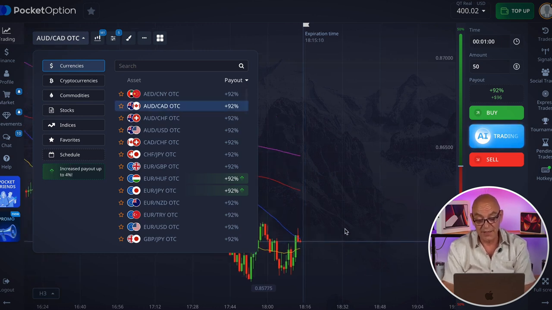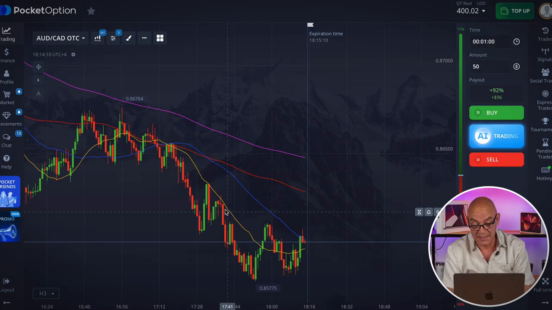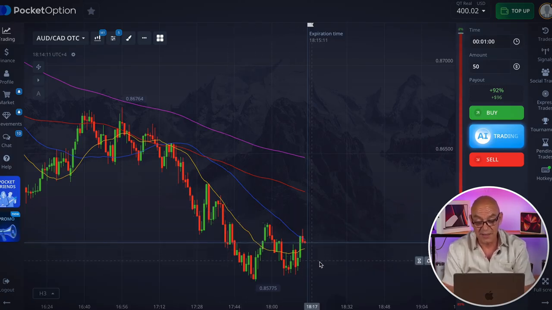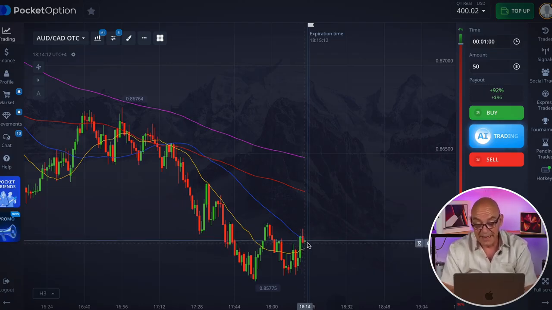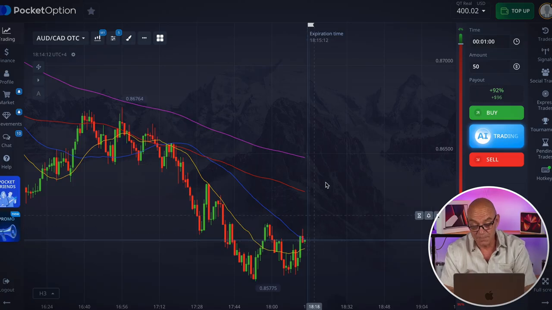On the chart of the AUD/CAD OTC asset, we notice a situation where the price, after a smooth decline, begins to gradually slow down and prepare for a reversal. This moment is well confirmed by the interaction of two lines, the 20 EMA in yellow and the 50 EMA in blue.